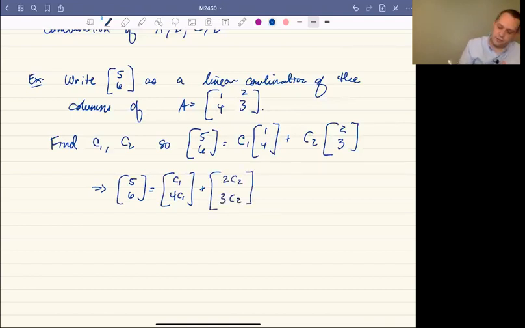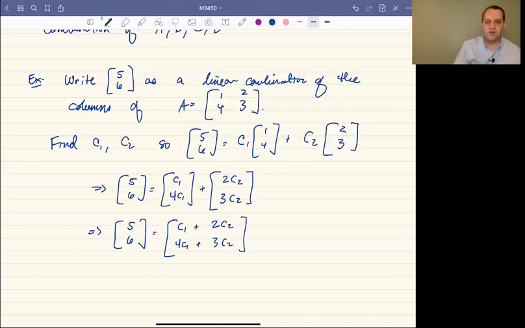We know how to add two matrices, so let's do that. So that means that 5, 6 is going to be written as C1 plus 2C2, and 4C1 plus 3C2.